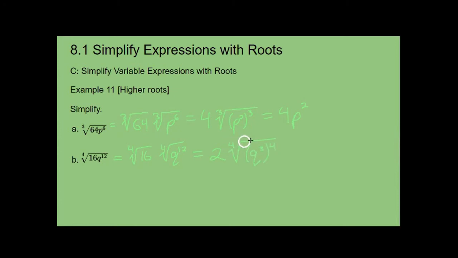Okay, so now I'm taking the 4th root of something to the 4th power, and it's an even one. That means I need to use my absolute value bars. So 2 times the absolute value of q cubed. And because this is cubed, this is odd, we're going to leave those absolute value bars there.